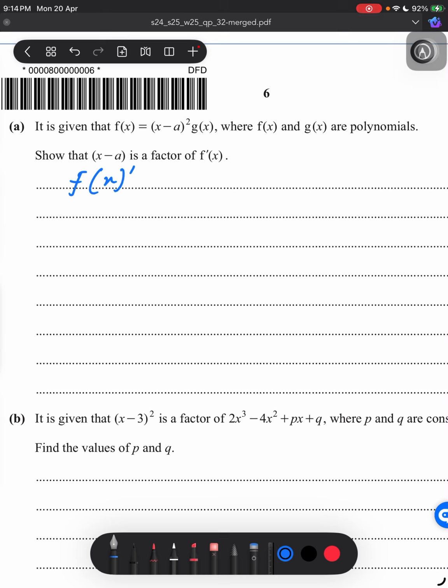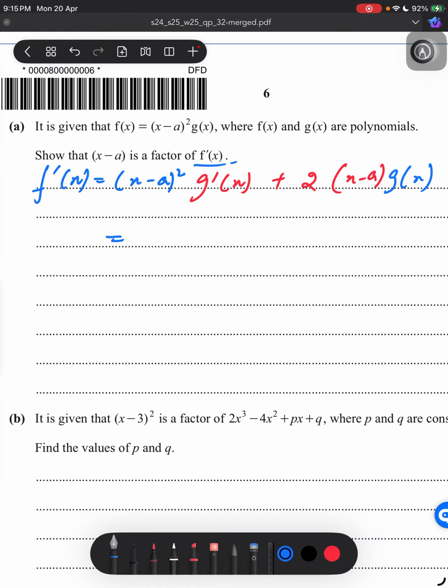If we have function f prime, this one could be a factor of, as it's given in the statement, x minus a squared, and it would turn out to be with g of x plus the same factor 2 x minus a with g of x.